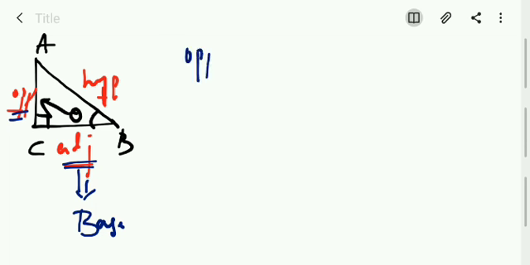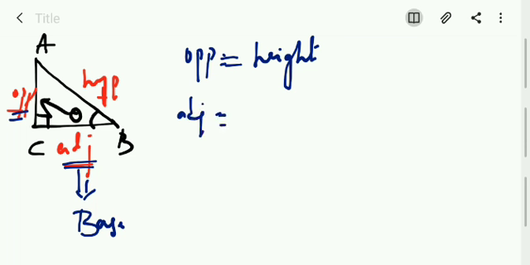So this opposite side is nothing but a height, and adjacent is nothing but a base, and generally hypotenuse.